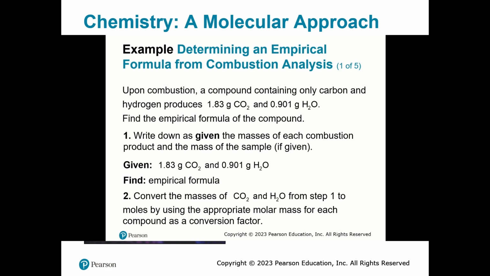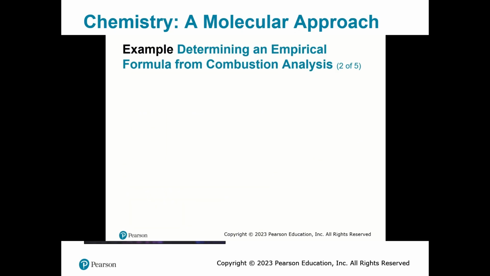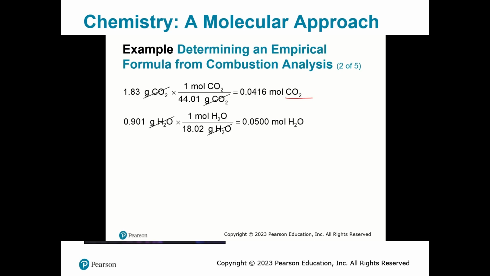So first we need to convert the mass to moles by using the appropriate molar mass of each compound. We're going to find the moles of carbon dioxide and the moles of water using the molar mass as a conversion factor. In the second and third steps, you're going to convert the moles of carbon dioxide and the moles of water to moles of carbon and moles of hydrogen, using conversion factors again.